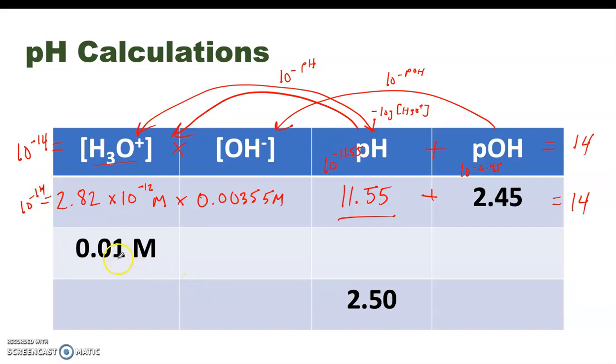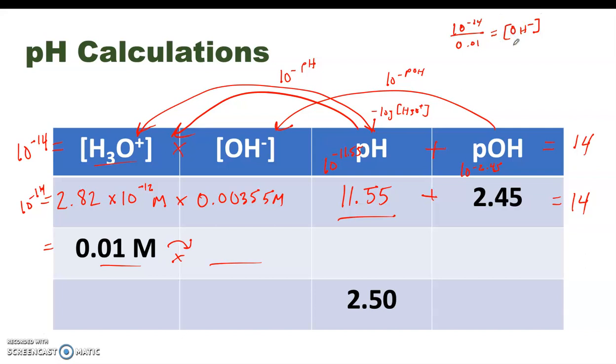So again, I'll do this next one here. I'll go from here to here for you. I know that this times this equals 10 to the minus 14. So I'm going to rearrange that and say 10 to the minus 14 divided by 0.01 equals my OH minus concentration.